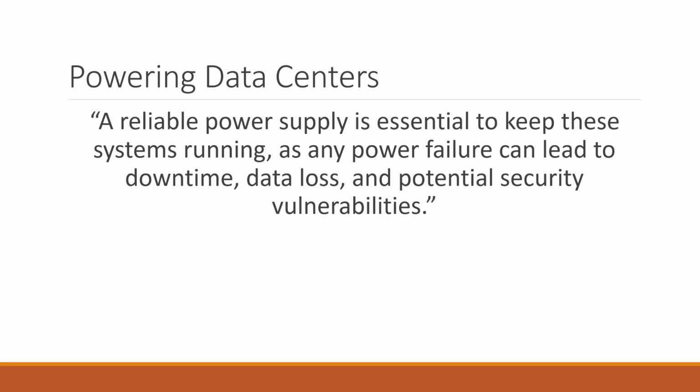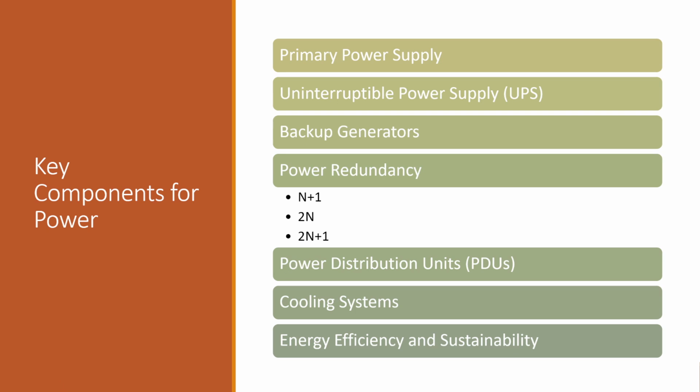Now, we have to power our data centers, because power is one of the most critical aspects when it comes to IT. And we need to make sure that the data centers can uphold everything that we deal with, including power failures. So there are key components when we're dealing with power. You need to know that we will have, of course, a primary power supply.